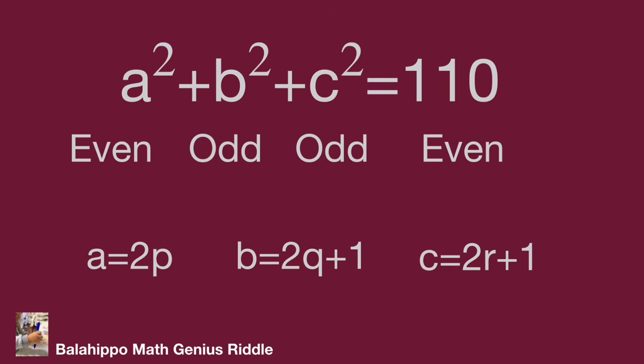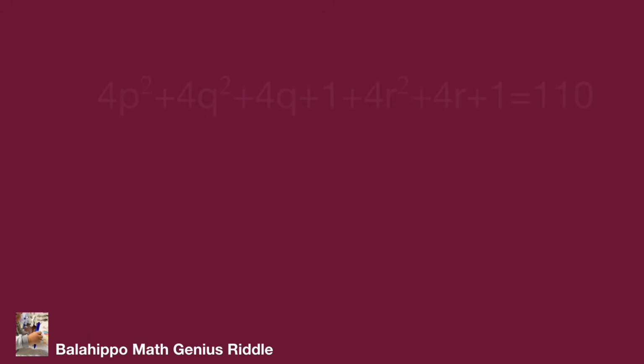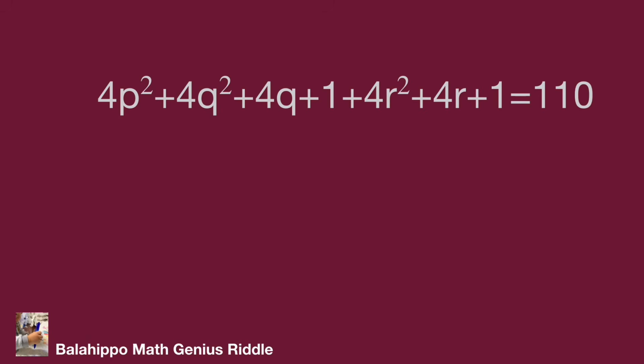P, Q, R are integers with positive values, P not equal to 0, Q and R could be equal to 0. Substitute A, B, C by these three items into the given information. Develop all the three quantities on the left side of the equation. Subtract 2 from both sides of the equation.